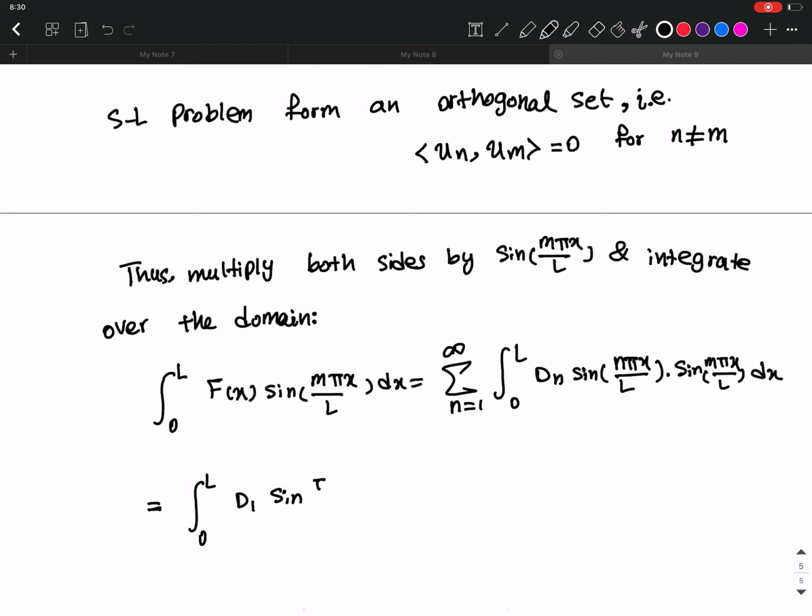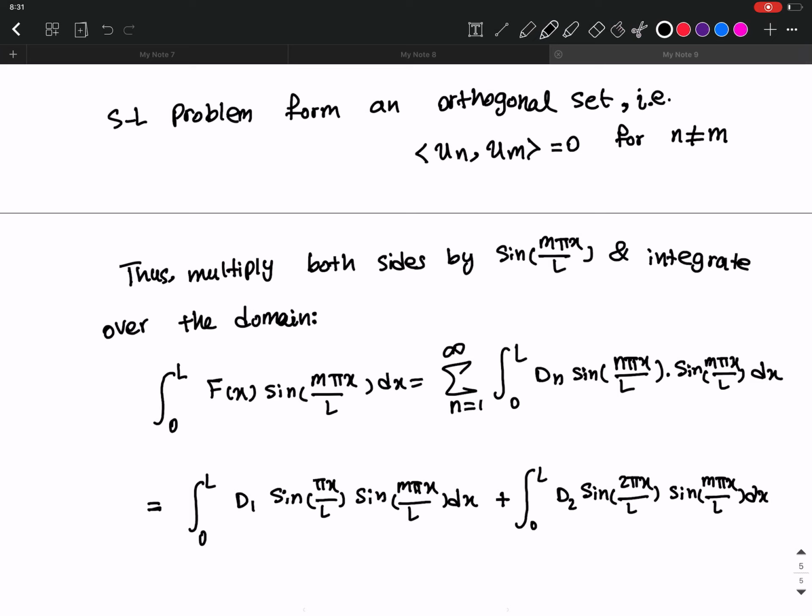So it's going to be sine pi x over L times sine m pi x over L dx, plus the second term, integral of 0 to L, n equals 2, so d2 sine 2 pi x over L times sine m pi x over L dx.